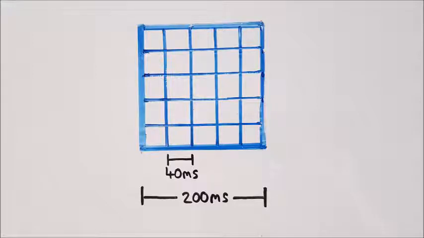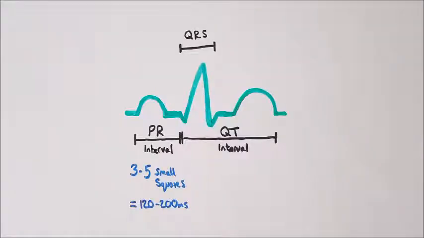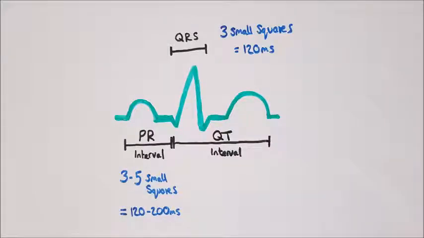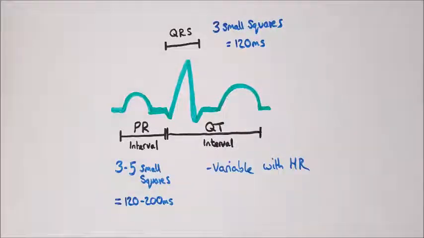So if we were to apply this to the intervals, the PR interval is normally between 3 to 5 small squares, which is 120 to 200 milliseconds. The QRS complex has a normal duration of 3 small squares, which is 120 milliseconds. The QT interval is considered prolonged if greater than 450 milliseconds, which is roughly 11 small squares.